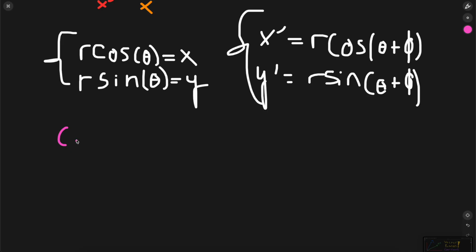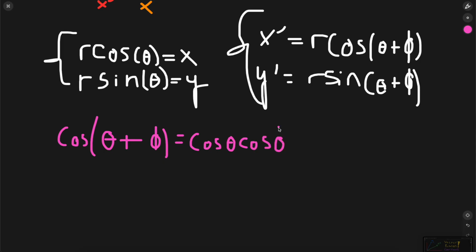Well, we know that cosine of theta plus phi can be rewritten as cosine of theta, cosine of phi, and then it's going to be minus sine of theta, sine of phi.